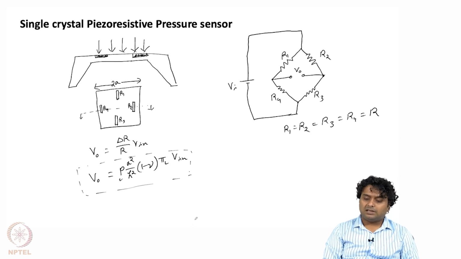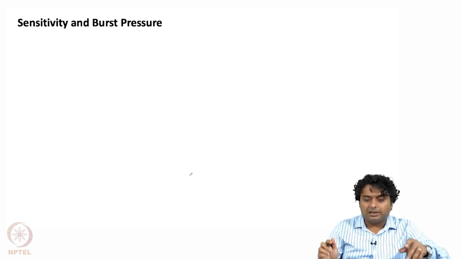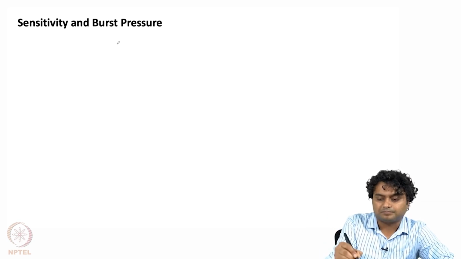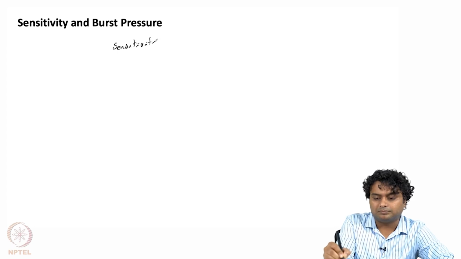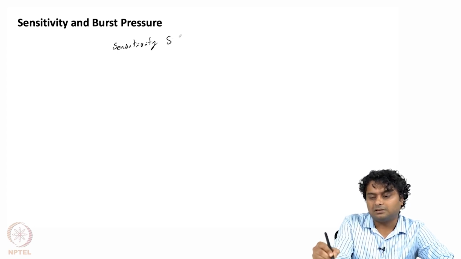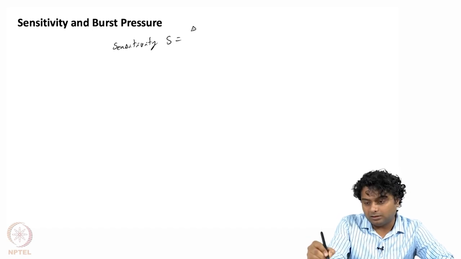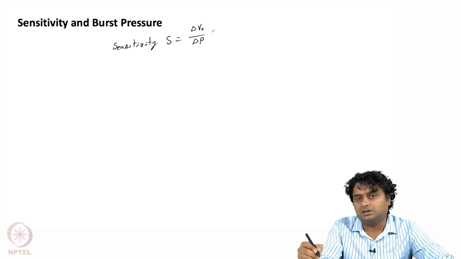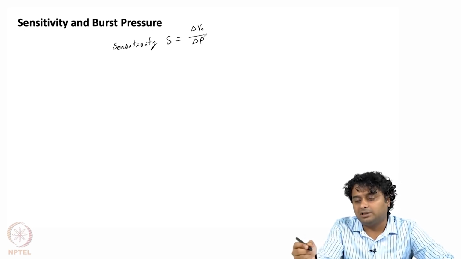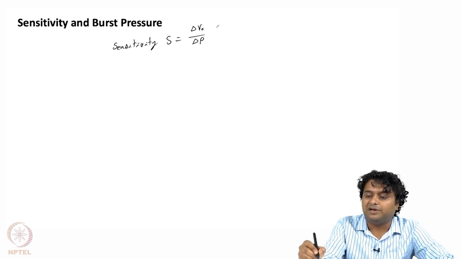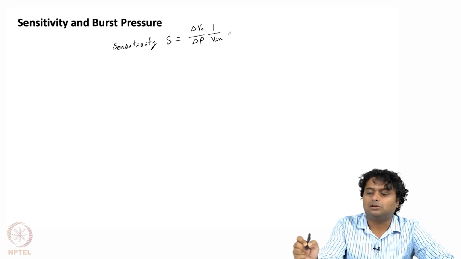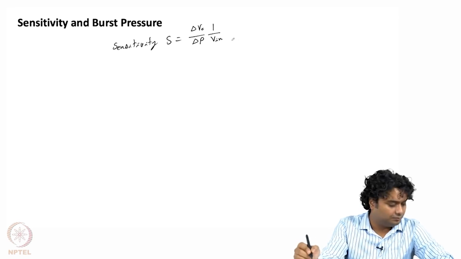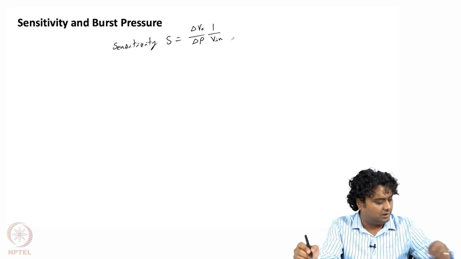So the sensitivity is defined as S equals delta V naught by delta P. Technically it should be how much the output voltage changes per unit change of delta P, but here V in also comes in, because if we increase V in, then we can get higher V naught.